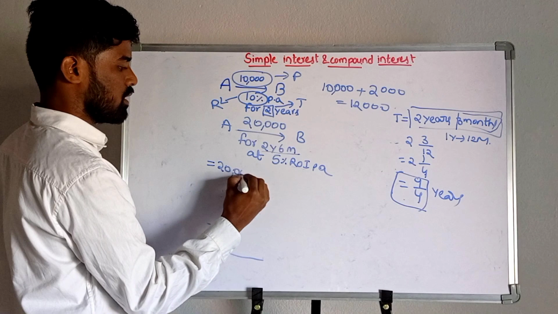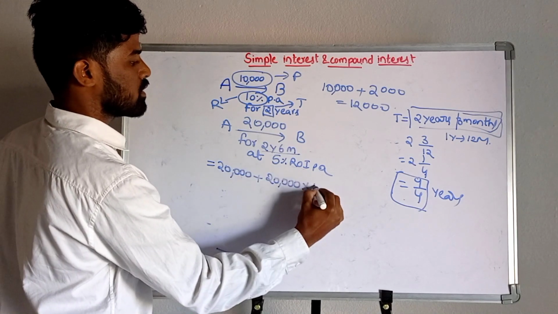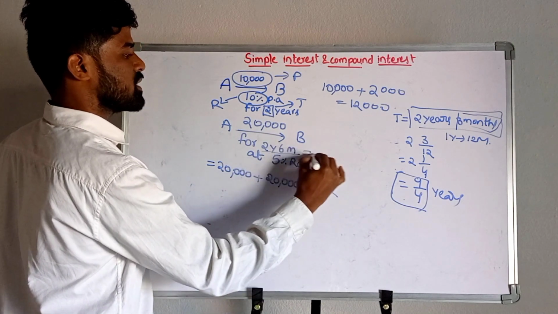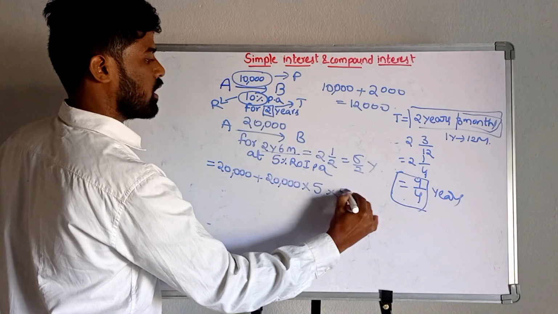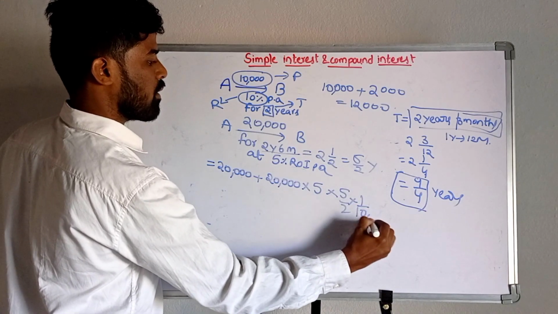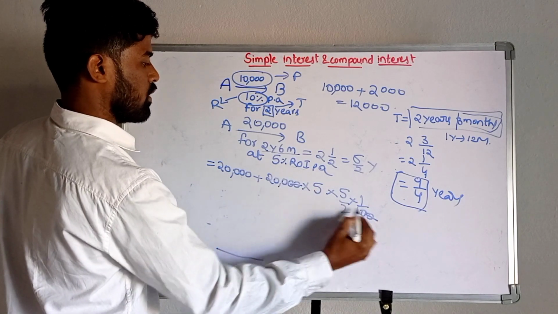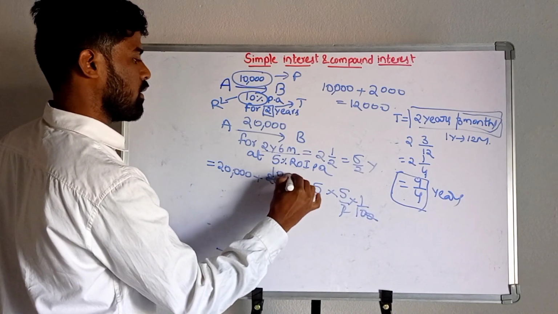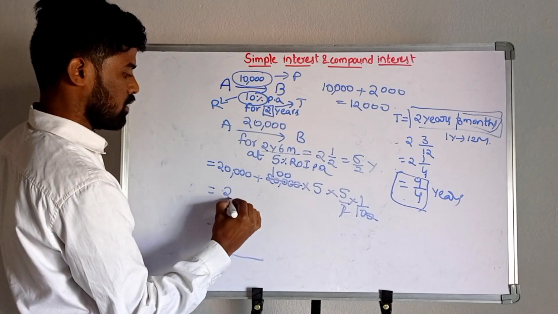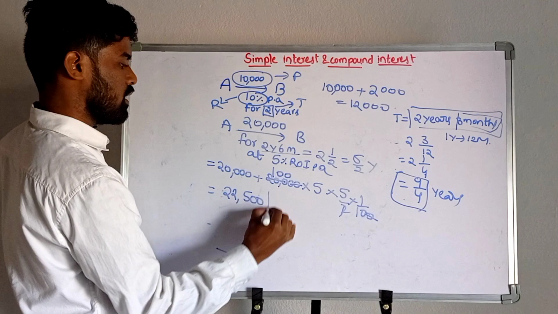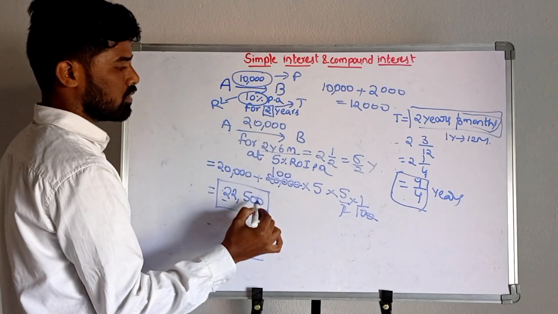Amount is equal to principal 20,000 plus 20,000 into rate of interest 5. 2 years 6 months can be written as 2 1 by 2, which is 5 by 2 years. 5 by 2 into 1 by 100. 100 into 5, 500, 500 into 5, 2500, so 22,500. That is, the amount at the end of 2 years 6 months is 22,500.